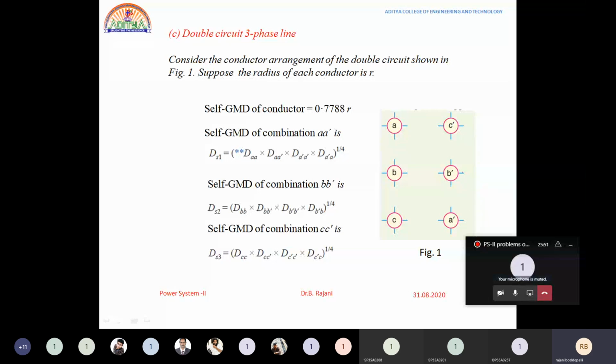In each of the phases we are having double circuits, that means A dash, B dash and C dash. This is the three-phase line.